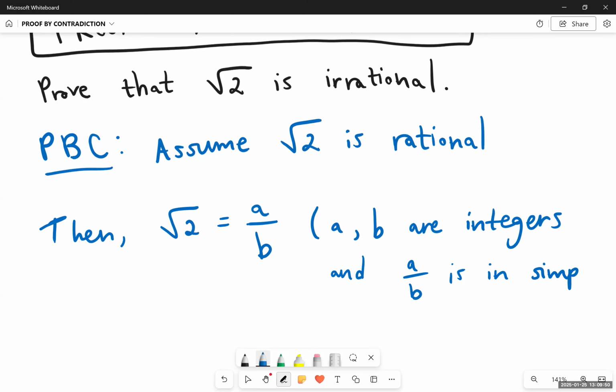It's been reduced as much as it could possibly be. So that's going to be super important later on.